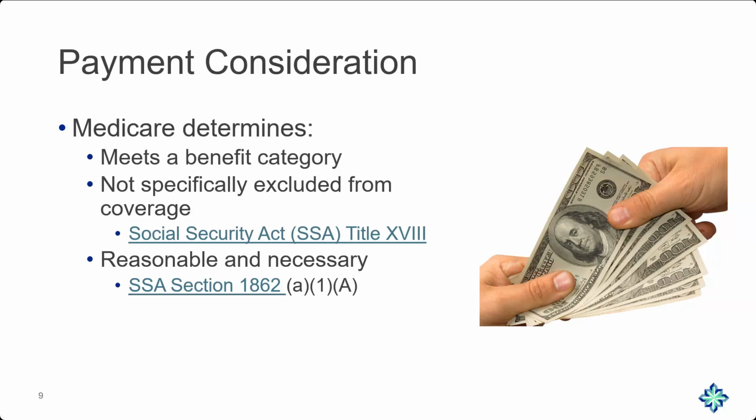Then under the Social Security Act, we have to make sure it falls into the reasonable and necessary section, which is medical necessity, and that's section 1862(a)(1)(A). For those of you not familiar with what's going on here, if you click on any of these, it will open up a variety of different factors you have to be aware of. If I click on the bottom one, it will open up my website.